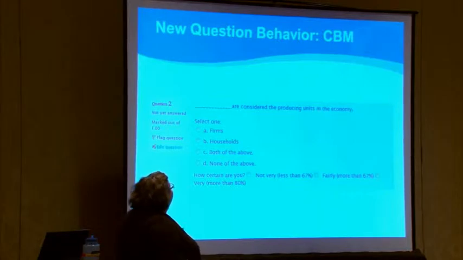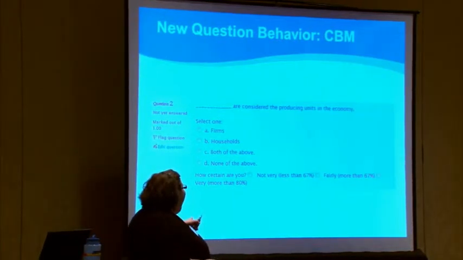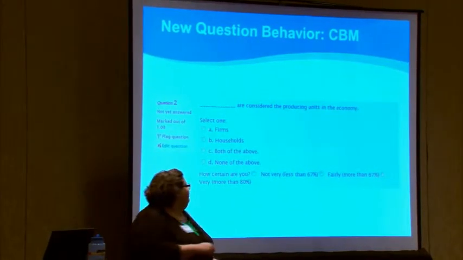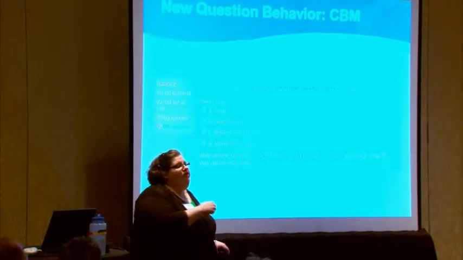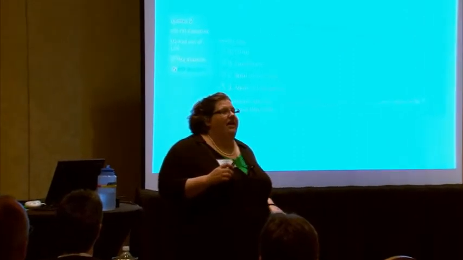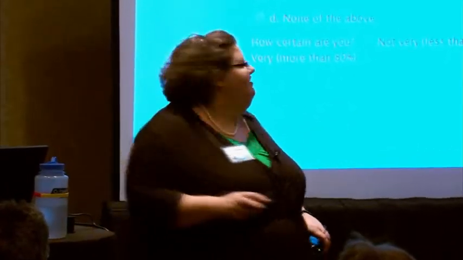I'm not an economics major, so my answer here would be that I am not very certain, less than 67%. The only way to get full credit on a question like this is to have the correct answer and be 100% certain.